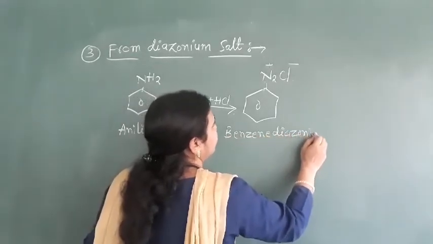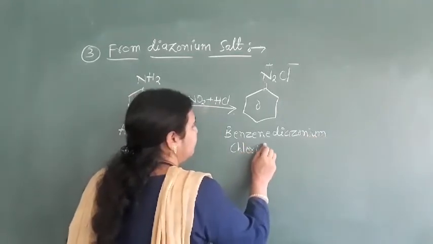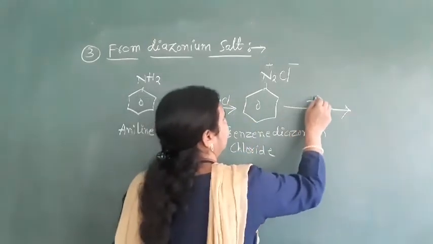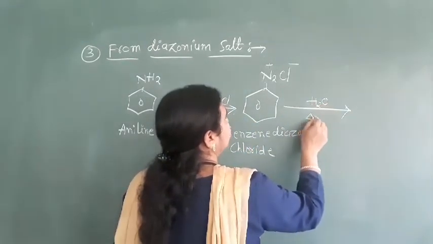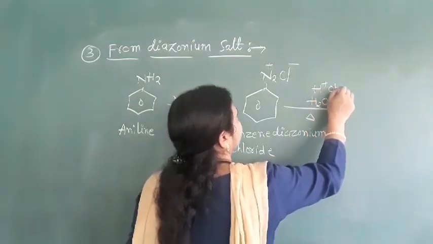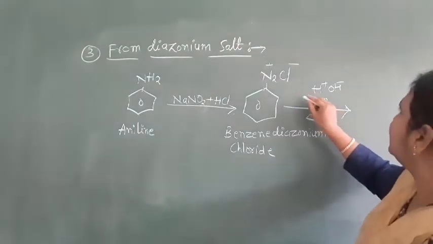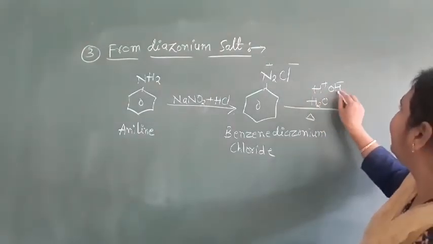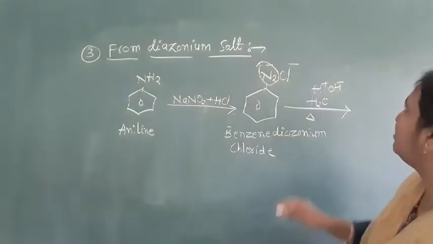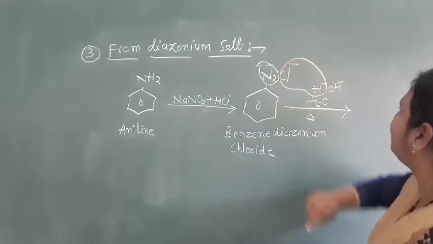This benzene diazonium chloride, when heated with water, what happens? Water gives H plus and OH minus ions. N2 goes first, it is removed, and H plus and Cl minus are taken out.